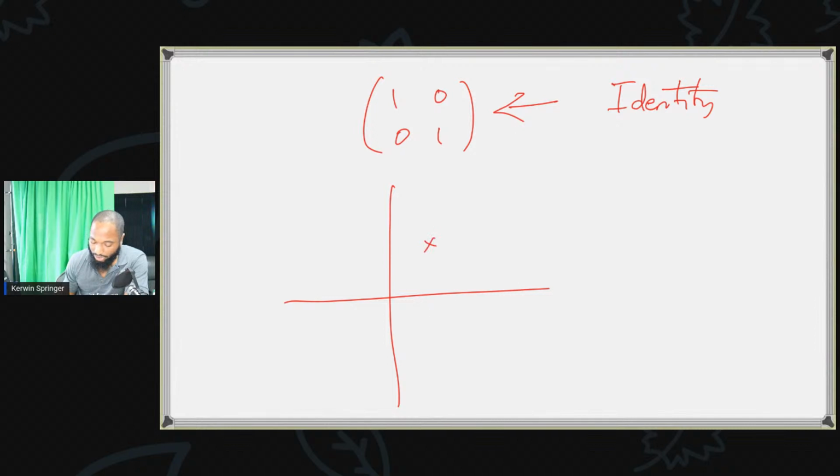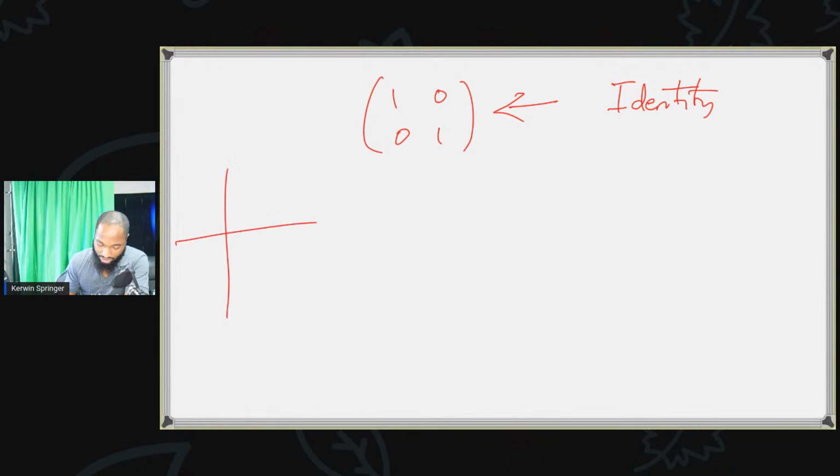This is a little teaching moment, so hold on. If I have a point, and the point is 2, 3, and I multiply by the identity matrix, I'll get 1, 0, 0, 1 multiplied by 2, 3.